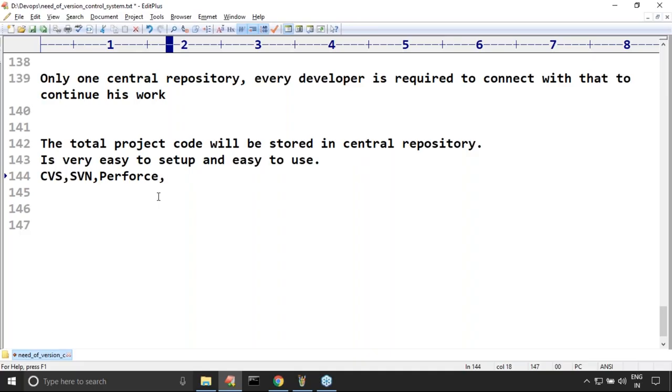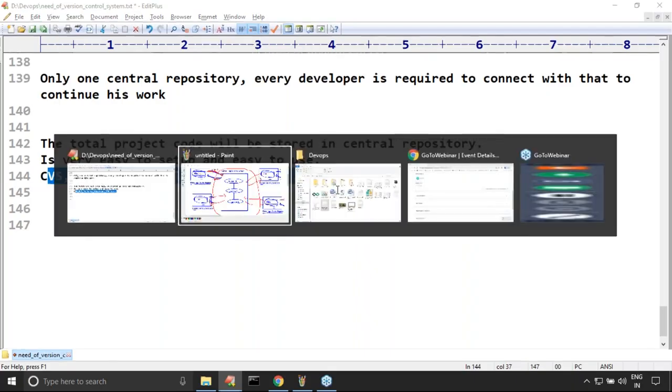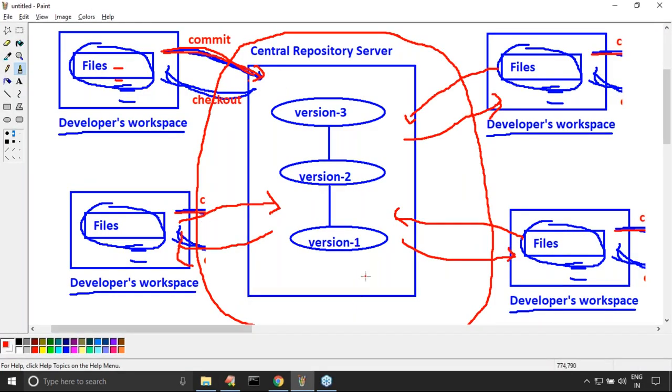CVS, SVN, Perforce, ClearCase, TFS: all these tools are based on the centralized version control system model only.